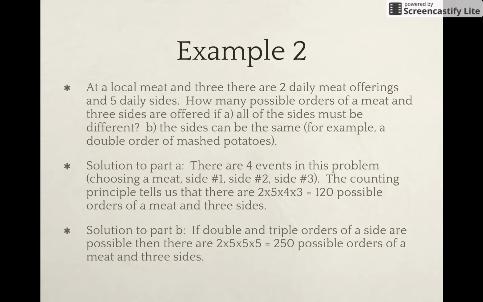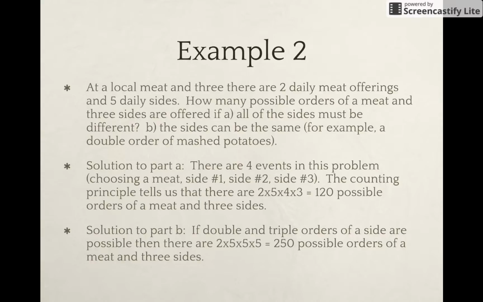So there are 2 meats, 5 sides when you're choosing your first side. Once you've picked your first side, there's only 4 sides left to choose from, so we're multiplying by 4. And then once you've picked 2 sides, there's only 3 sides left, so multiplying by 3 at the end. That results in 120 possible orders of a meat and 3 sides.